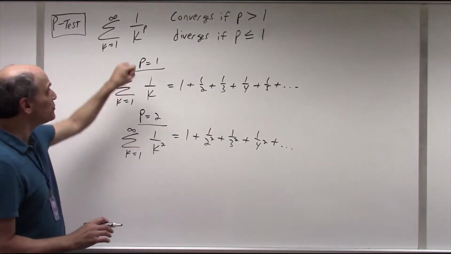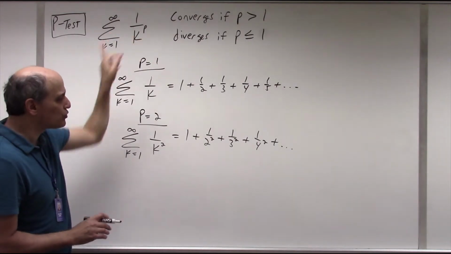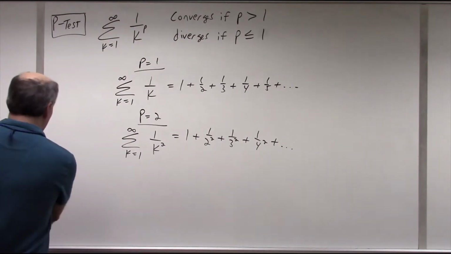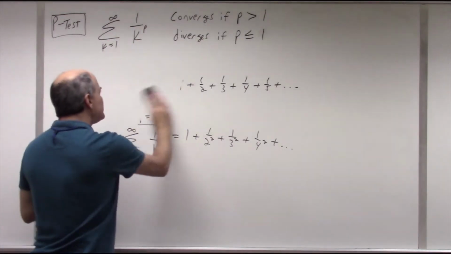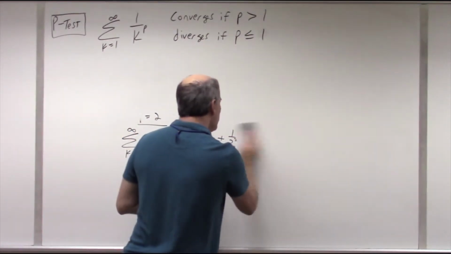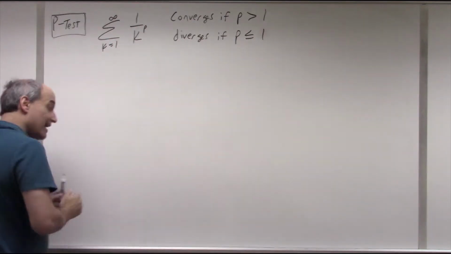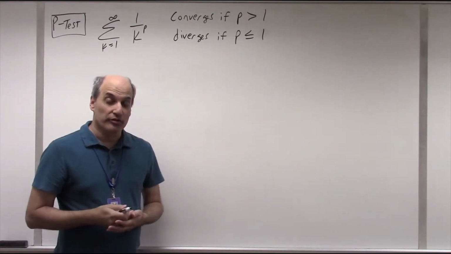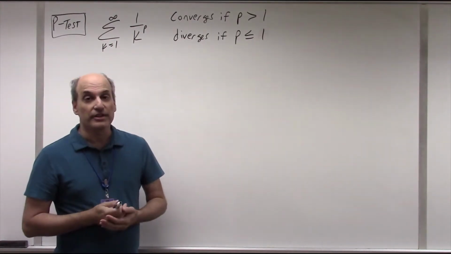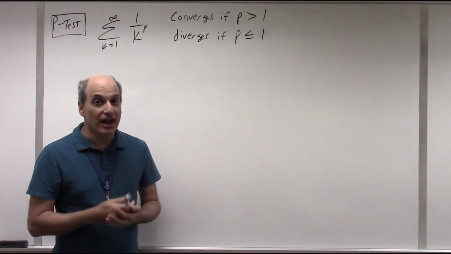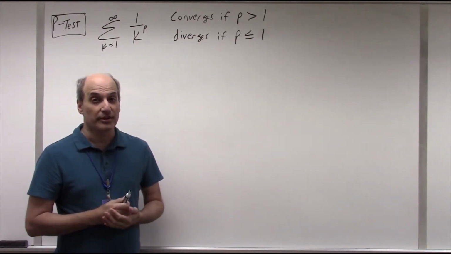So let me use the integral test to show you where this rule comes from. The integral test basically says if you have a series, integrate the term. If the integral converges, so does the series. And if the integral diverges, so does the series.